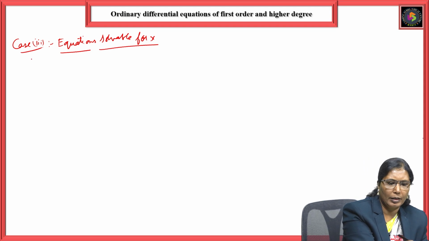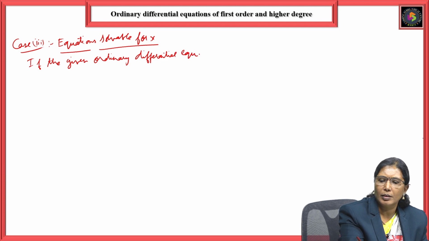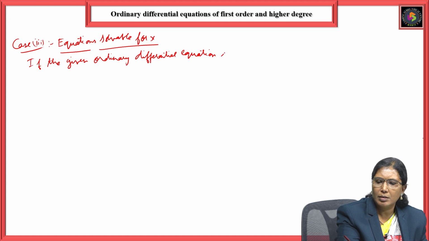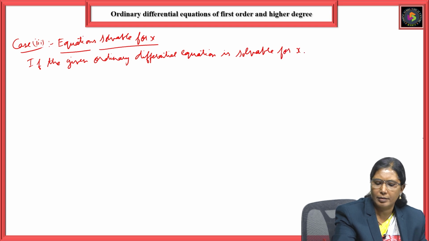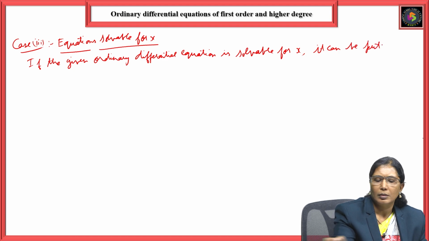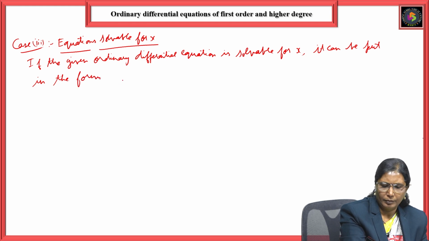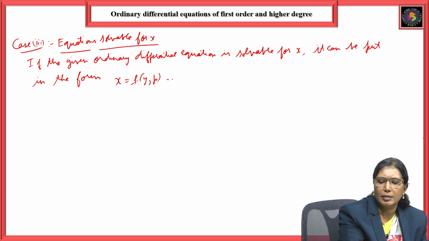So, if the given ordinary differential equation is solvable for x, it can be put in the form x is equal to f of y comma p. Take this equation as 1.